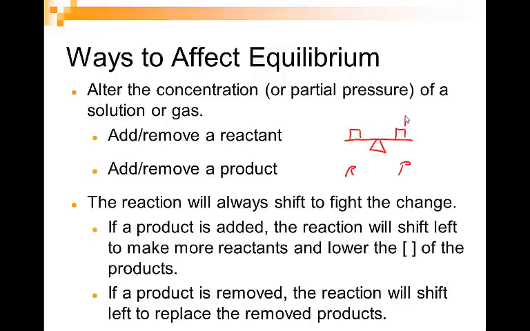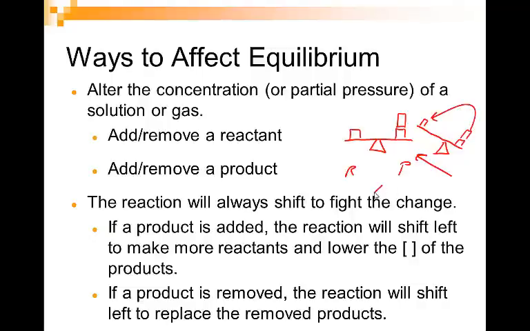However, should we introduce more product, all of a sudden this teeter-totter is not going to stay straight, but it's going to want to shift where there is more stuff. So that is the disturbance to equilibrium, the fact that we're no longer in equilibrium. What this reaction is going to do is kick the reverse reaction into high gear and move some of this material to the left.